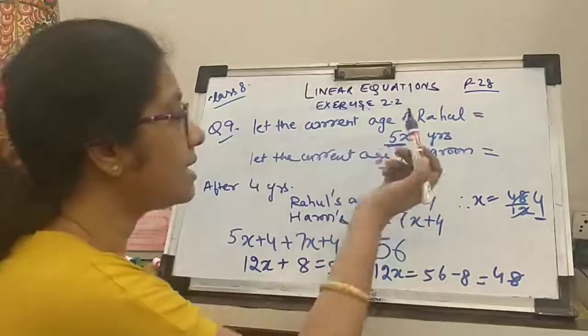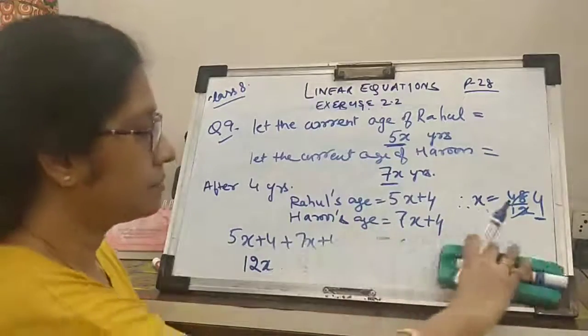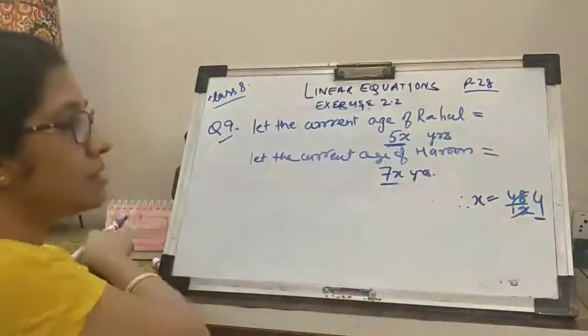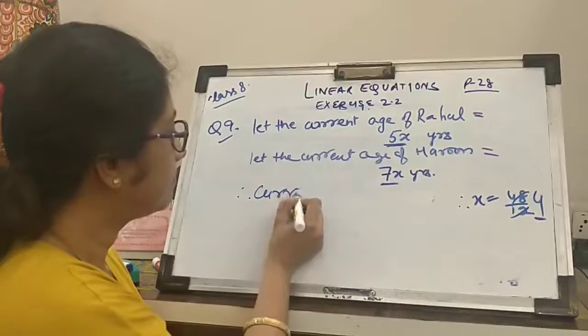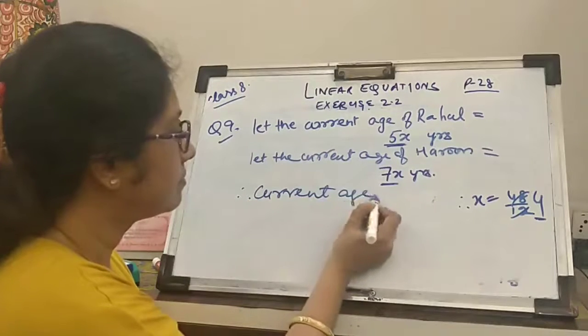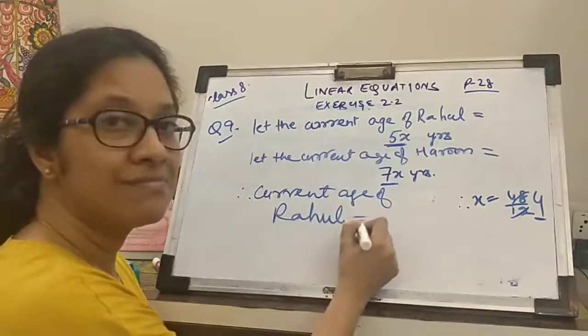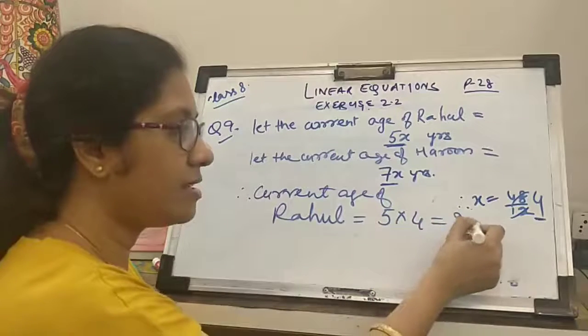So what will be the current age? Rahul: 5 into 4, 20 years.